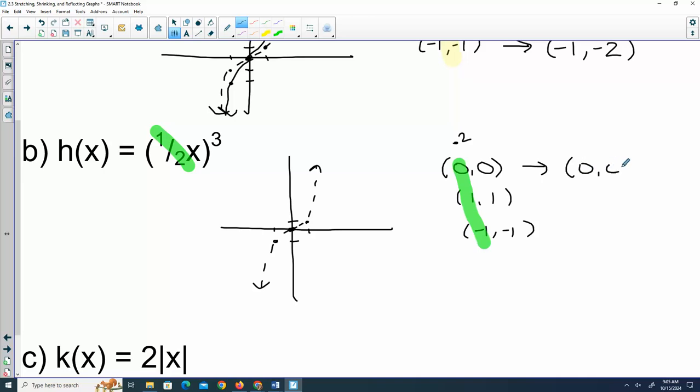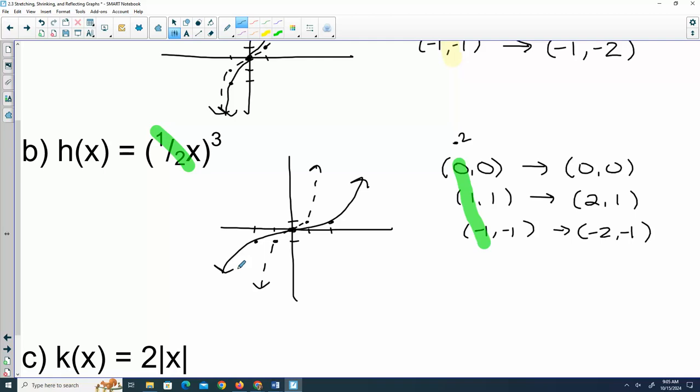So 0 times 2 is still 0. 1 times 2 is 2. Negative 1 times 2 is negative 2. So we have 0, 0, 2, 1, negative 2, negative 1.